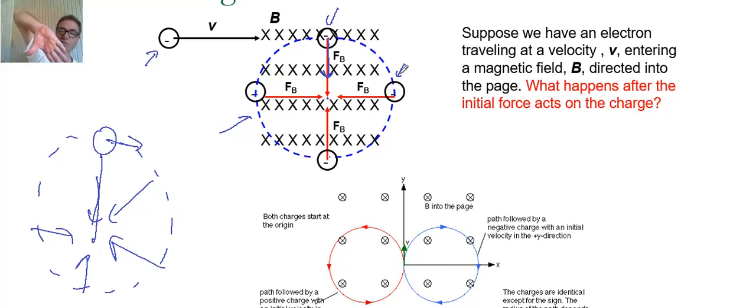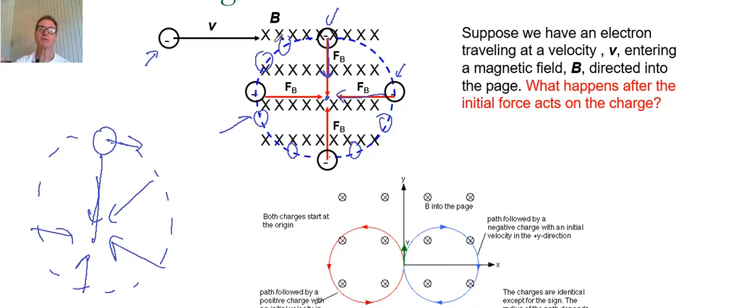Well, it's pointing to my right, but because this is an electron, it's going to be to the left. So it is pointing inward, towards the center of a circle. And so if we take all of the individual right-hand rules for all of the different positions of the electron, the path of this electron as it goes into this magnetic field is going to be a circular path.